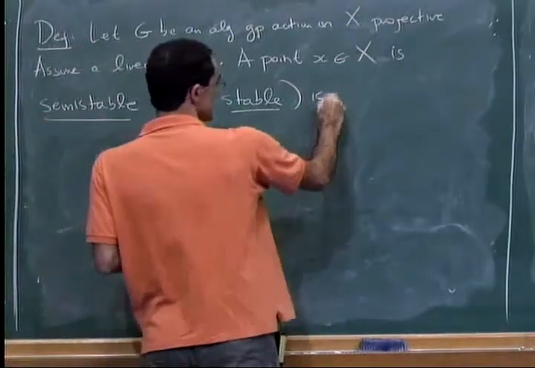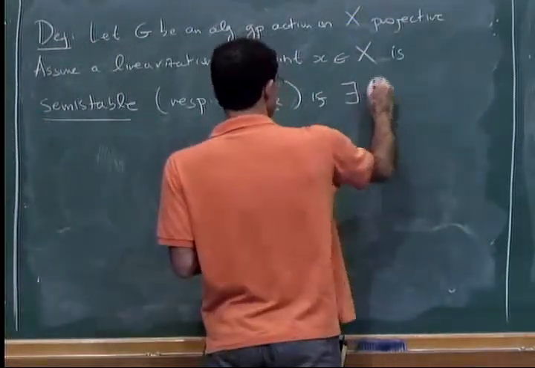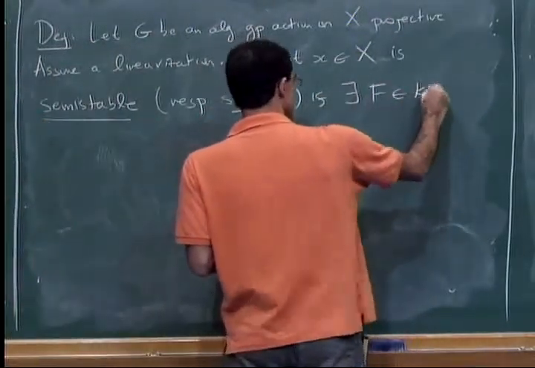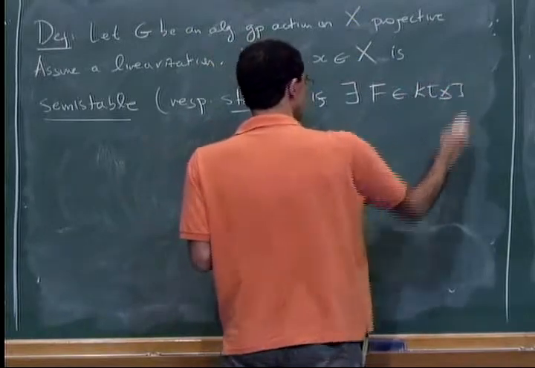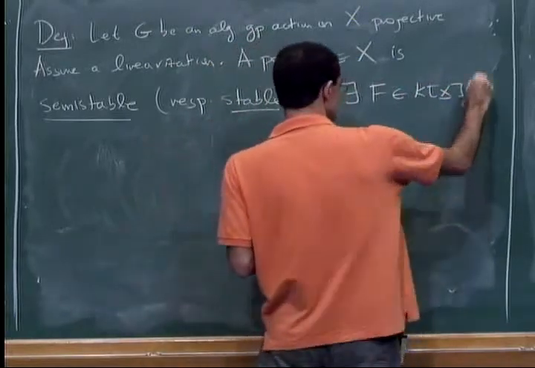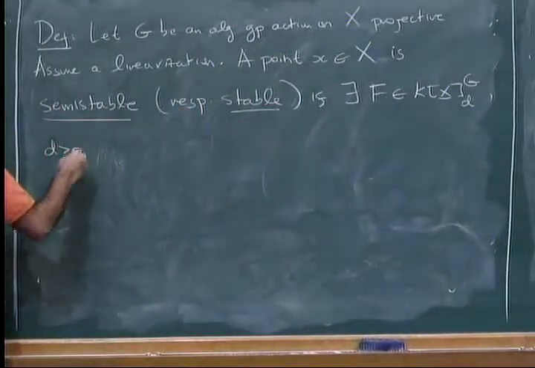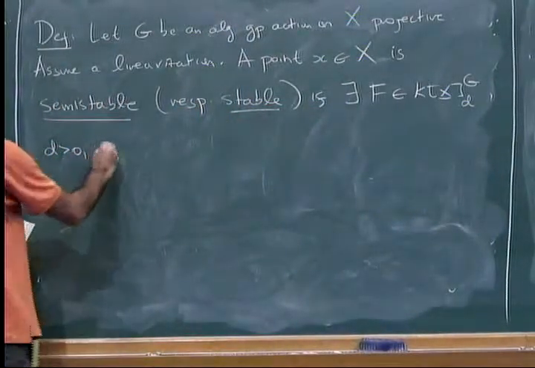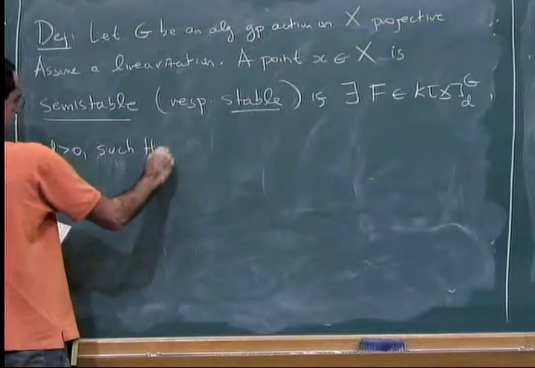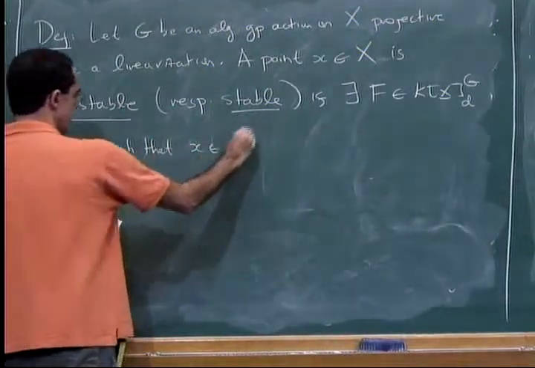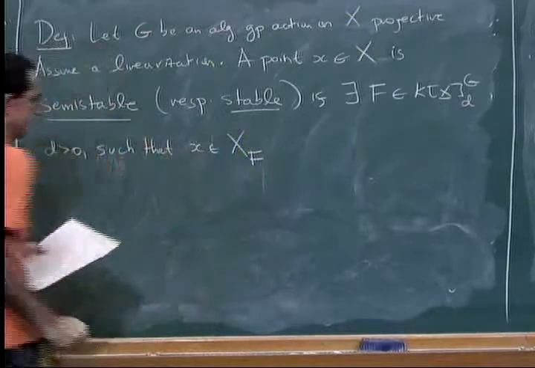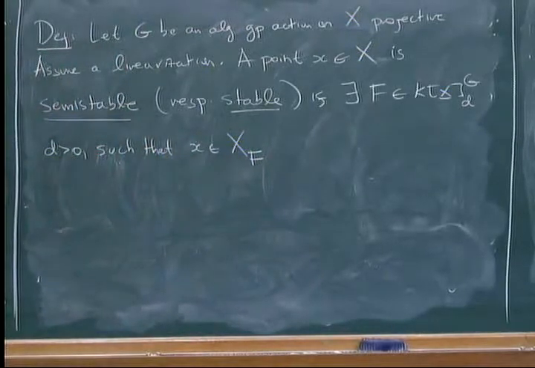It is semi-stable if there is an invariant polynomial f of positive degree such that x is in this principal open subset, X_f, the set of points where f is non-zero.